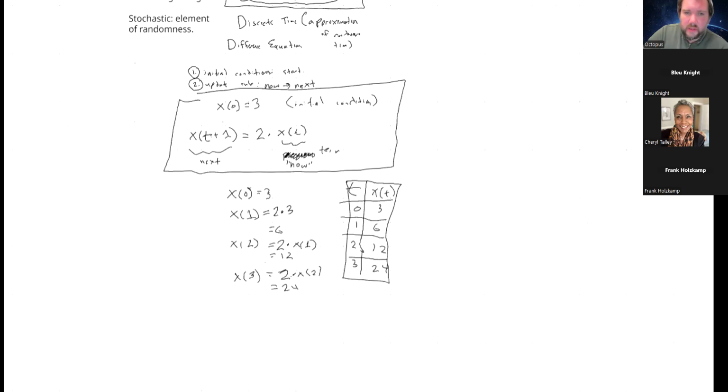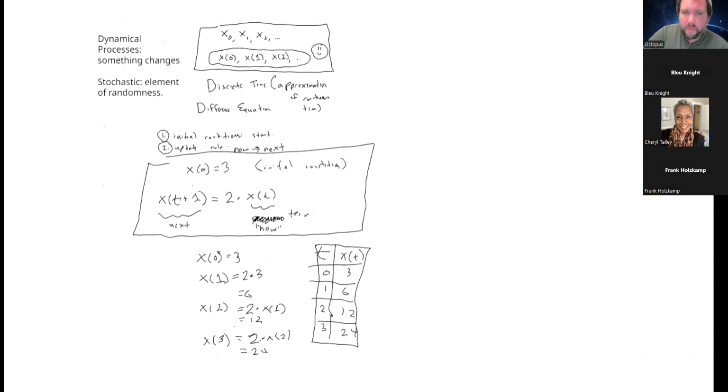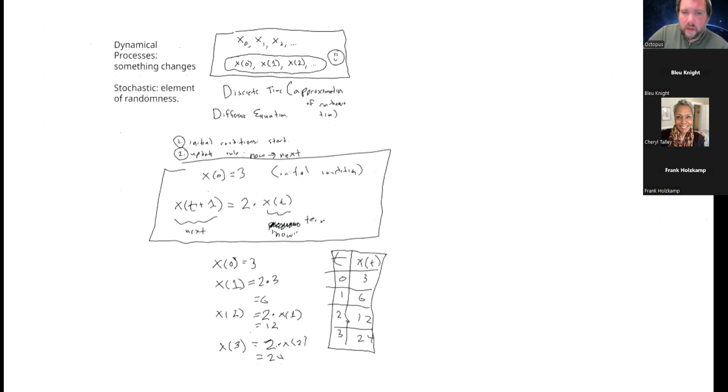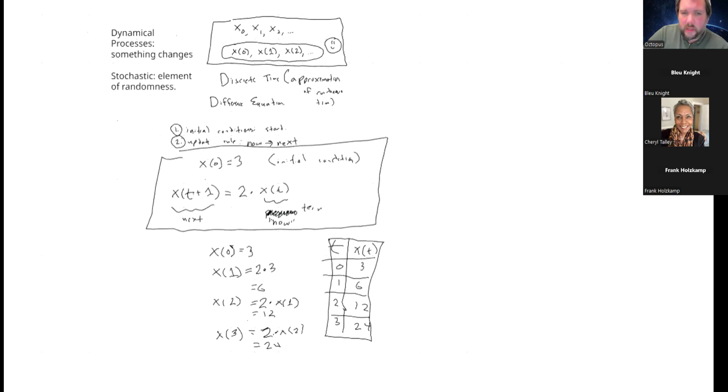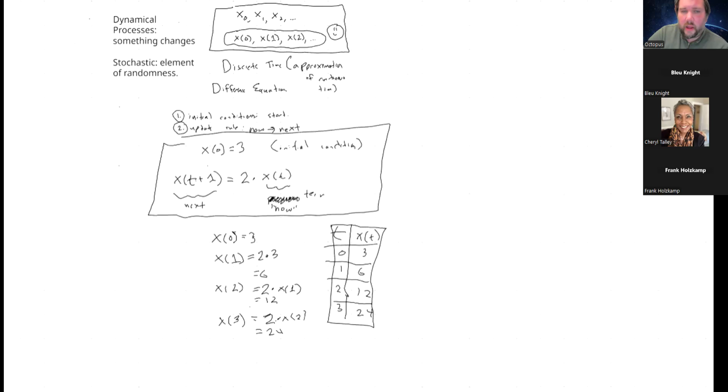So I could look at a similar type of rule, but instead of always doing exactly the same thing, I could have it where there's some type of choice that's made according to a probability distribution.